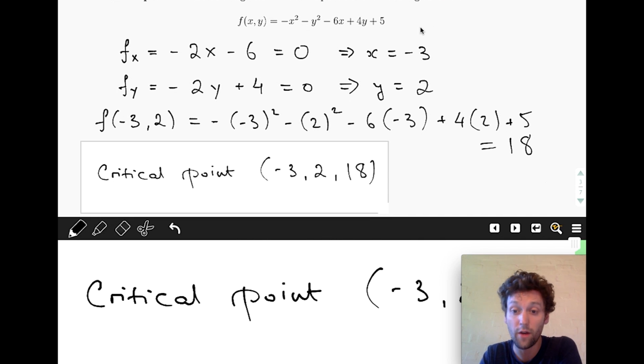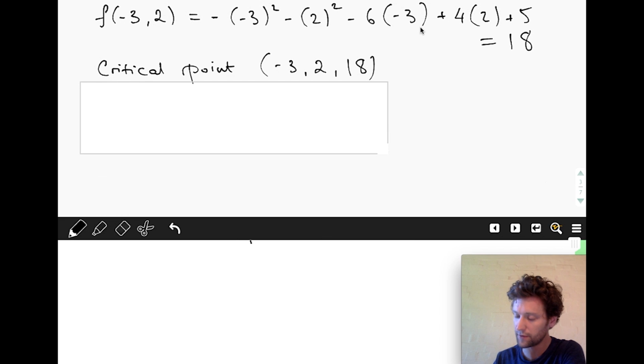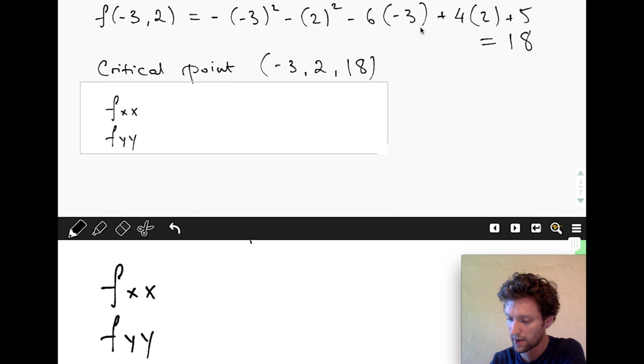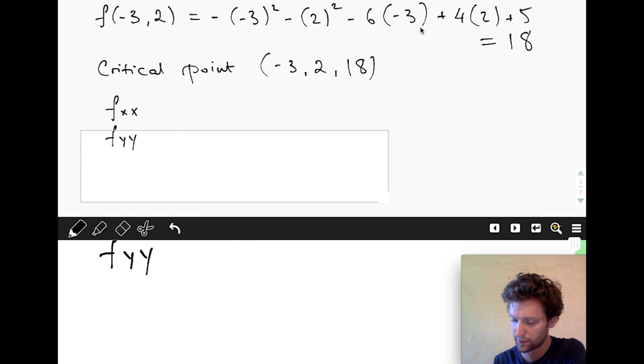Now, of course, that's not enough. I still need to be able to categorize what that critical point is. Is it a local maximum, a local minimum, or a saddle point? So to do that, I'm going to look at the second derivative test. And first things first, let's calculate what D is. So remember that D was given by the second derivative with respect to x, the second derivative with respect to y, and I'm going to need the mixed derivative as well.